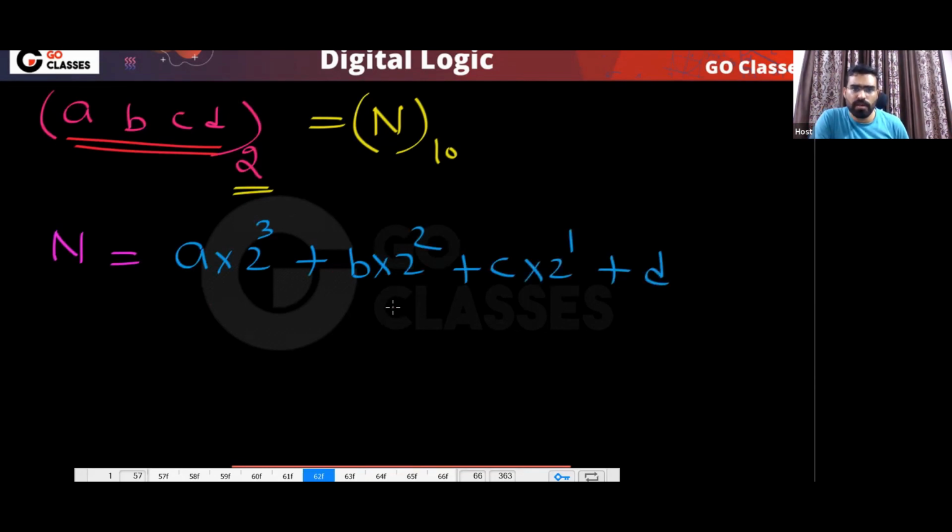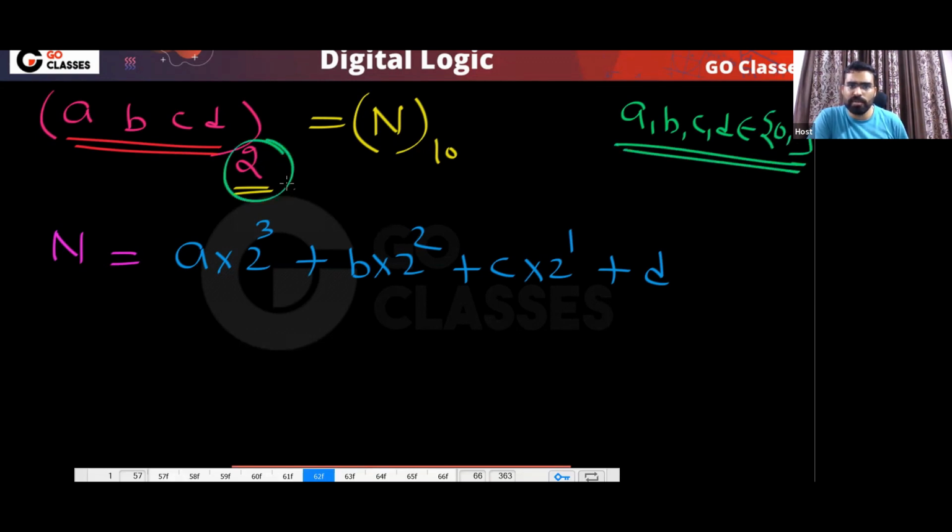Is this clear to everyone? And remember, a, b, c, d belong to 0, 1 because they are in the binary system. It simply means that a, b, c, d are the bits. So this n will be like this.